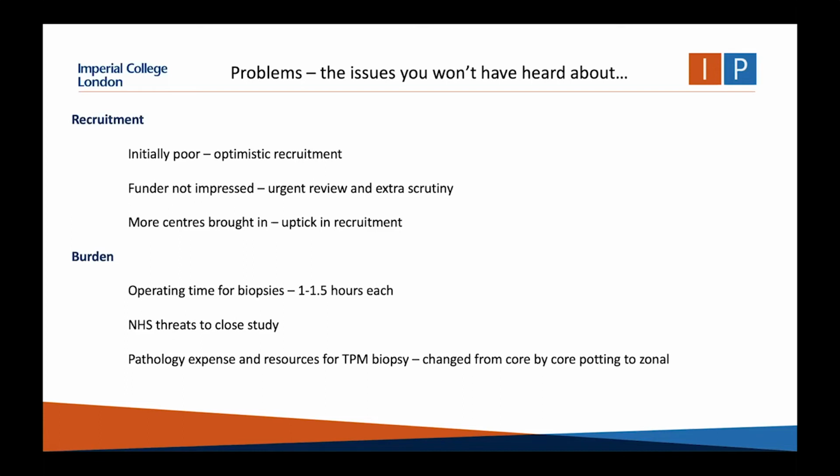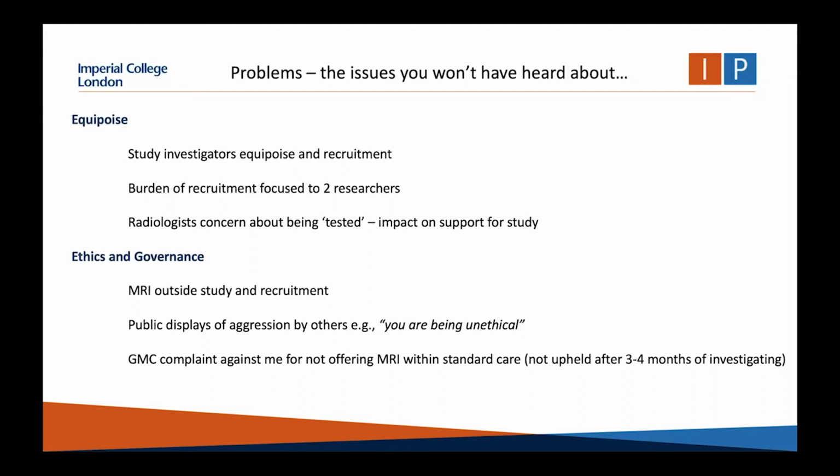But there was nonetheless a significant amount of burden, and we are immensely grateful to the two pathologists, Dr. Freeman and Dr. Jameson, who's now retired, for taking this work on. They in the end, and the NHS in the end, realized the importance of this and allowed us to continue.